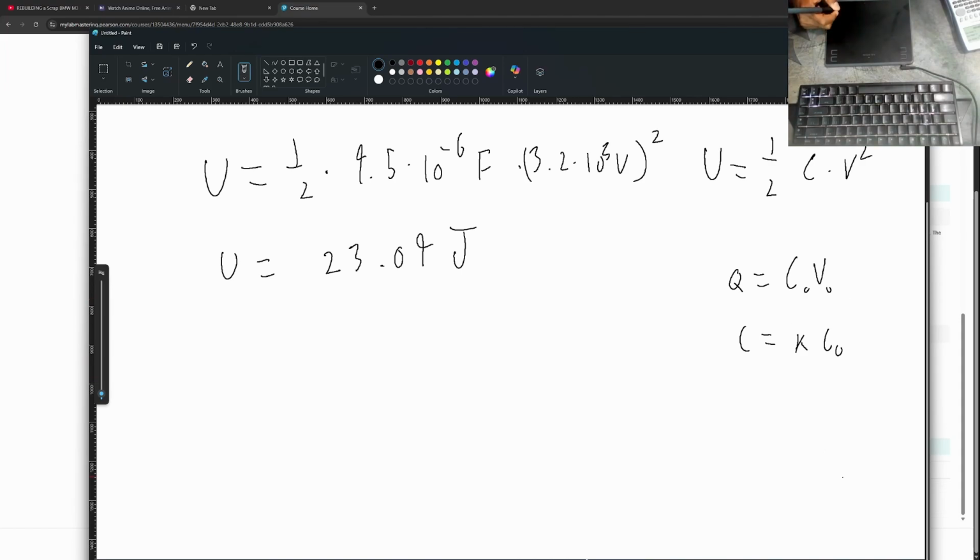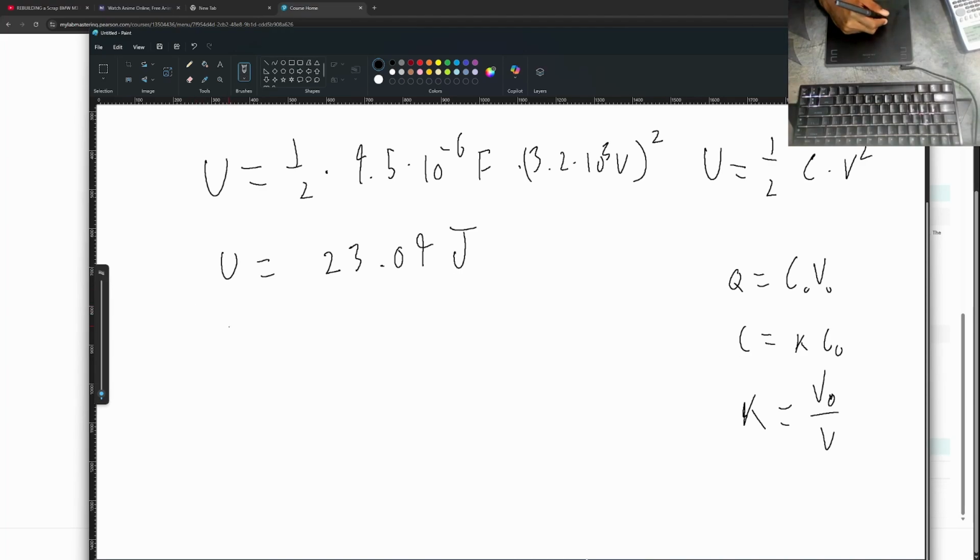We can substitute our formulas in there, so the dielectric constant times our capacitance times the initial voltage equals our capacitance times our final voltage, and then rearrange that. We are left with the dielectric constant equal to our initial voltage divided by our final voltage.